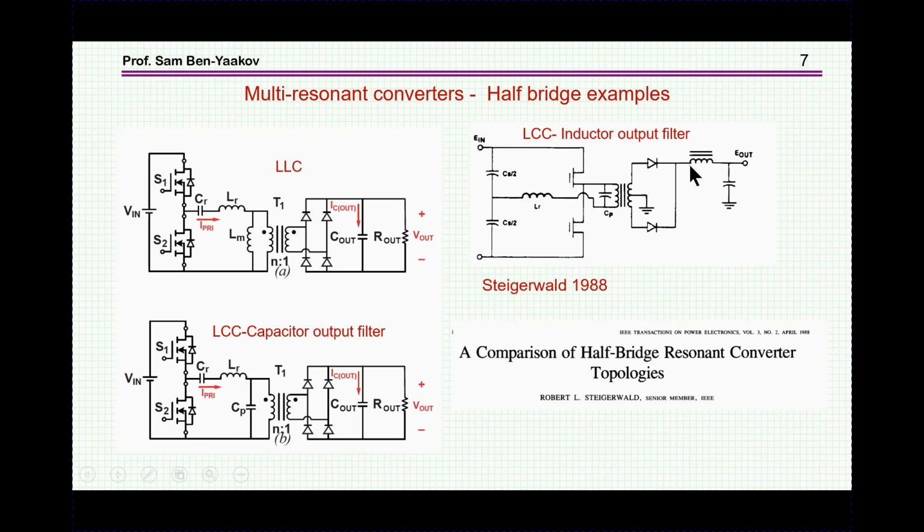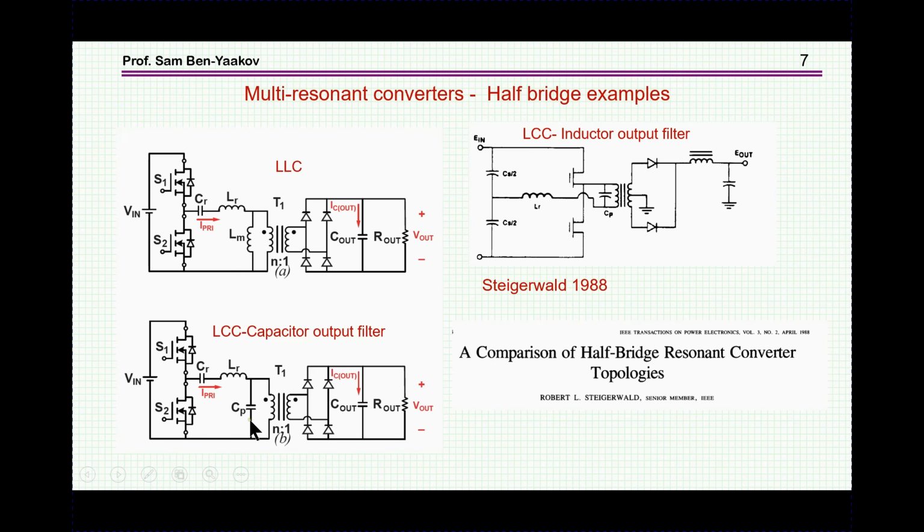Now in this case we have an extra inductor, which of course is not very desirable, and therefore this configuration is normally used, although this has many benefits. We'll talk about it later on in the series. So this is the classical configuration of the LCC.